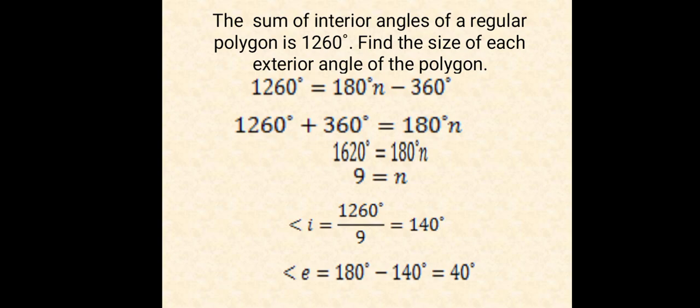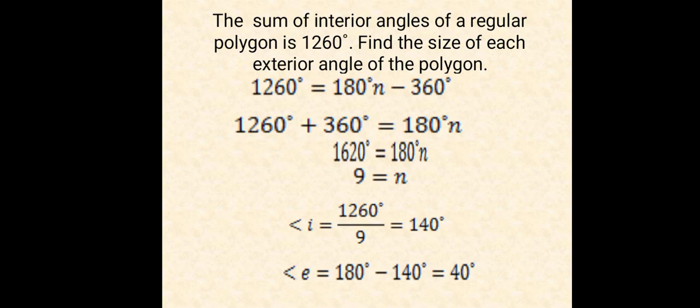Now solve for n. We find that n is 9. So the polygon has 9 sides. Because it's a regular polygon, we divide the total sum of the angles by 9, and we get 140. So one of its interior angles is 140.